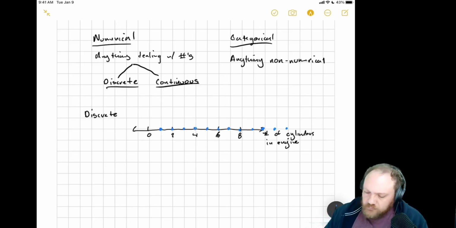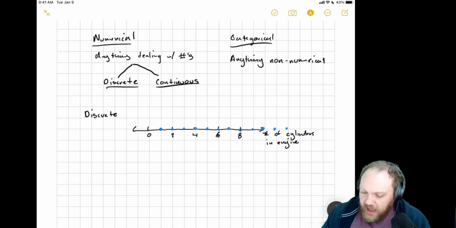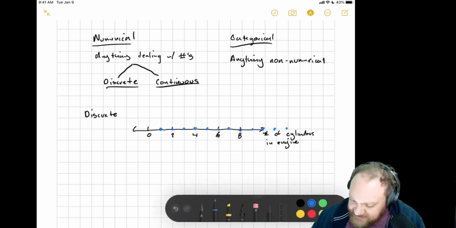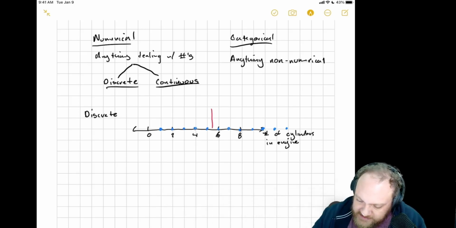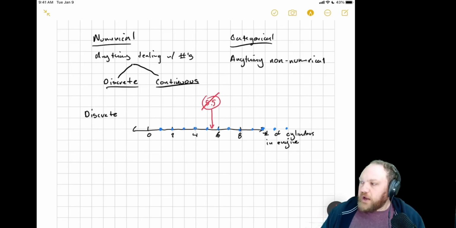So I have this data set, right? And I have a limited number of data points that my data could be, right? That's to say that there is no engine that has 5.5 cylinders, right? That is not a possible outcome, right?